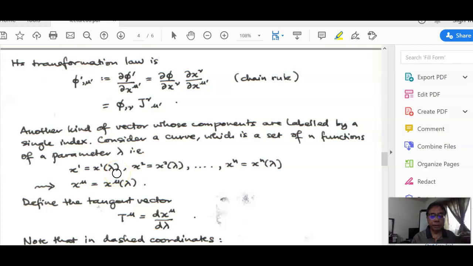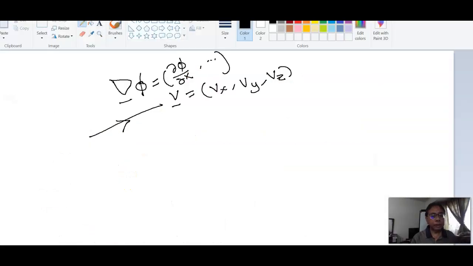As λ changes, we trace out a curve in the space. For each point on the curve, you can try to draw the tangent vector. It's not so nice, but you know what it is.